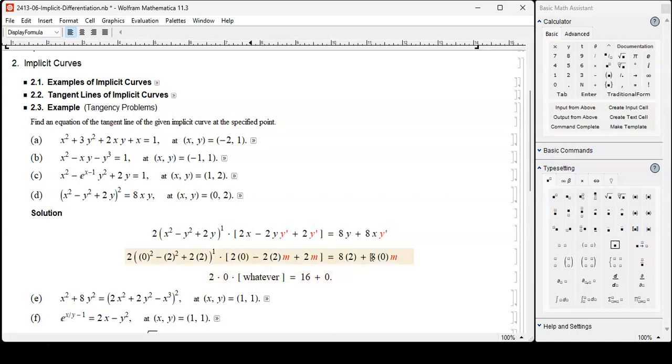Did I do this right? 8 times 0 times m is 0. 8 times 2 is 16. 2 times 0 minus 4 plus 4, so that's 0. Times here, I could do the computation: 0 minus 4m plus 2m, so minus 2m. But it doesn't matter, we are multiplying by 0. So I'm getting this conclusion: 0 equals 16.